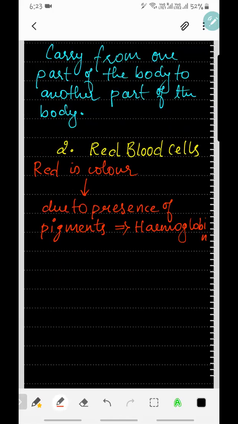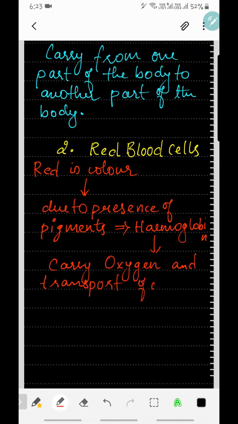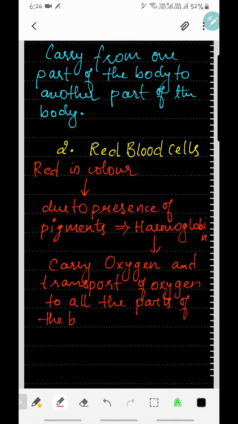This pigment will carry oxygen. And not only carry, they also help in transport of oxygen to all the parts of the body, because pigment means something which gives color.